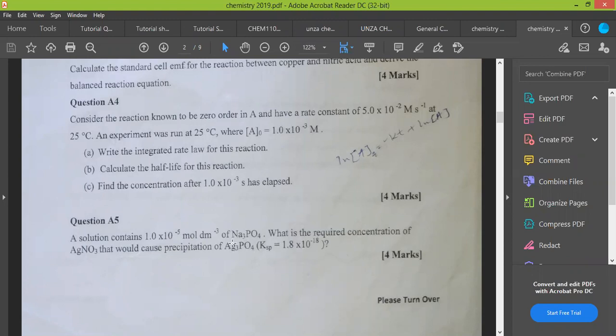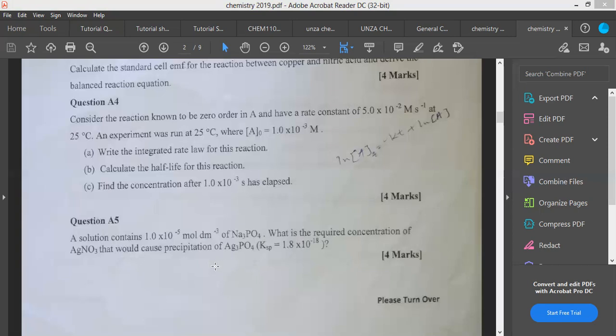Meaning you have to calculate for the concentrations of these at the beginning. Now, when you are calculating that, we call it the quotient. Okay, so it being the quotient, the expression is going to be just as the expression for KSP is. The only difference is that it should use the concentrations you have initially.